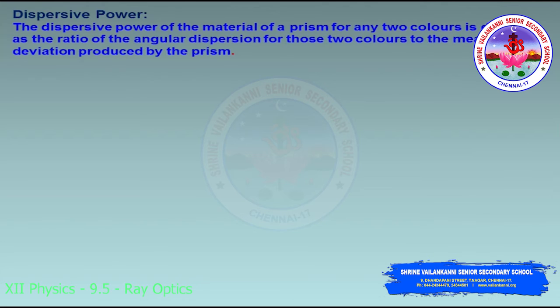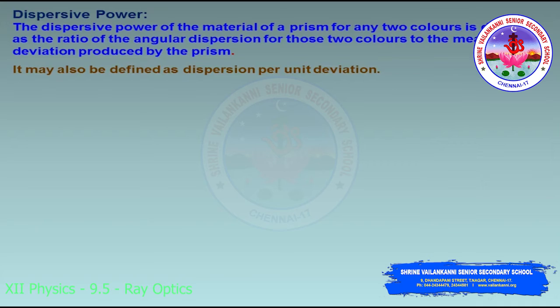Next we see dispersive power. What is dispersive power? It is the ability of the prism material to cause dispersion. We define it as the ratio of the angular dispersion to the mean deviation, denoted by the letter omega.